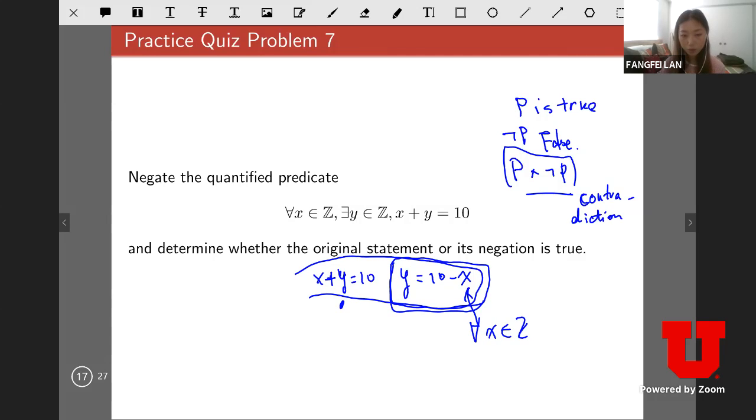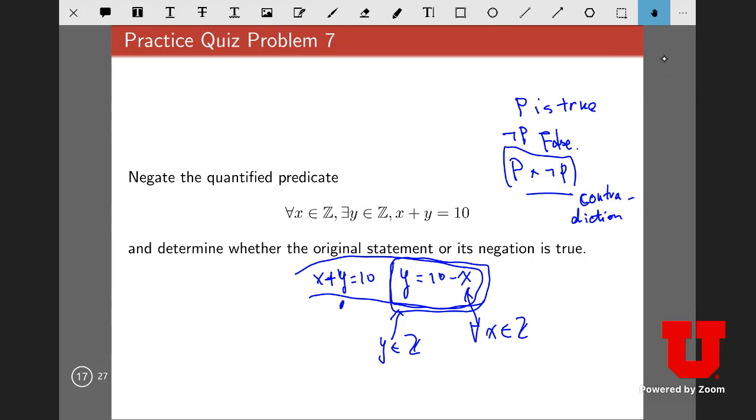And by closure of the integers Z, y will always be in Z. So we can always find a y no matter what we plug in as x. Does that make sense? Yeah, thanks.